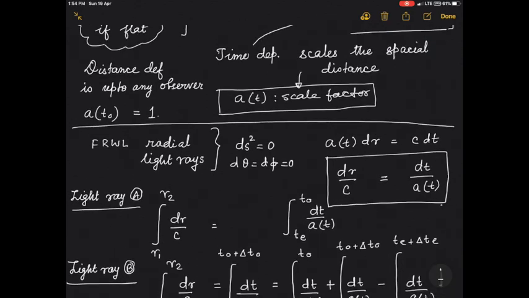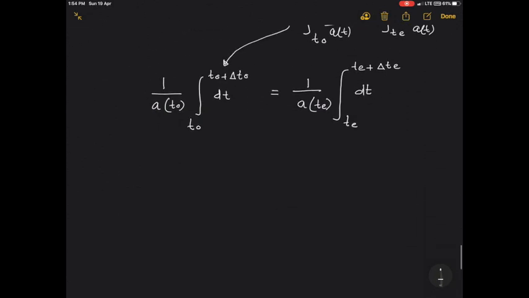So a(t) observed, that we have just said we will consider as a(t0), which is the present time, which is a(t) observed here, is 1. And this I can just say as a(te). That's A as a function of time t.